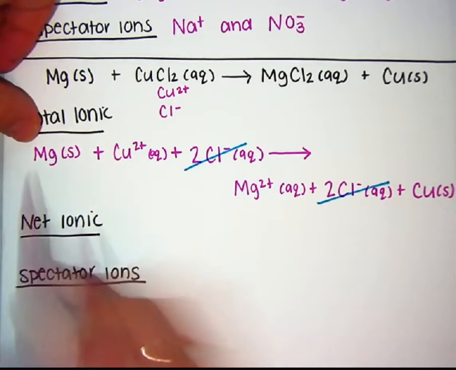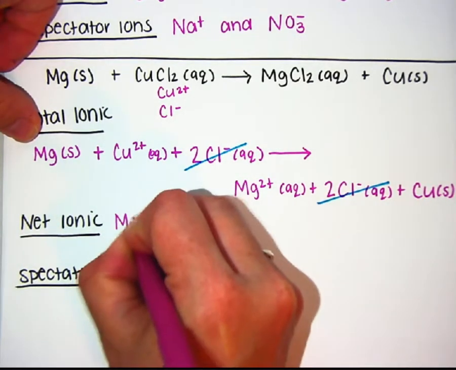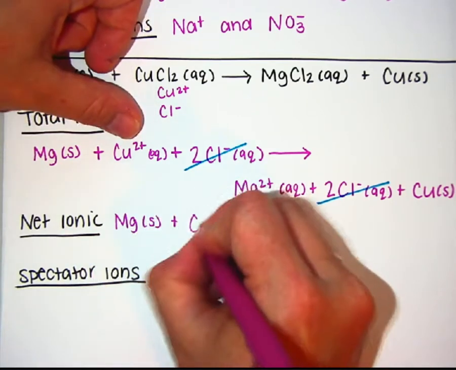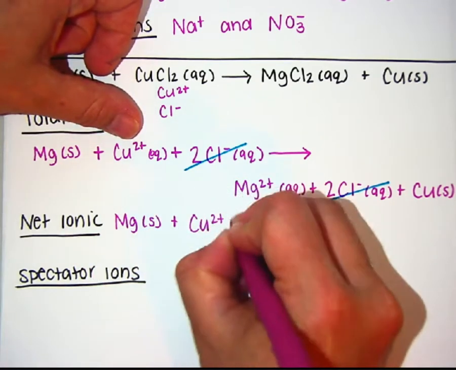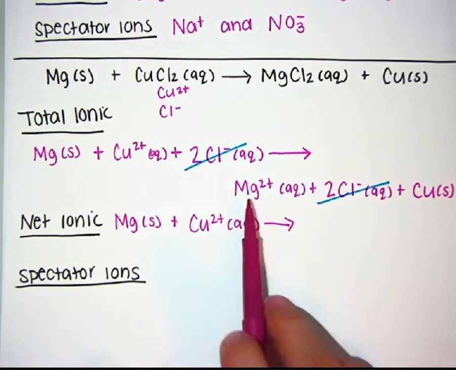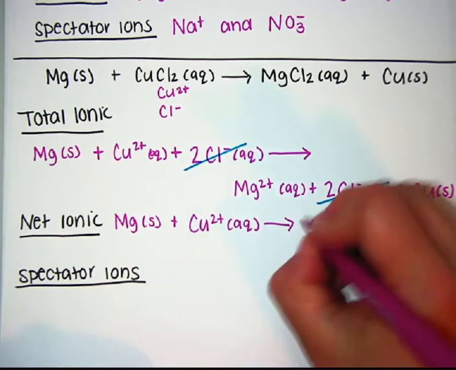So what's left over? Magnesium as a solid plus copper 2+ ions produces, and then write what's left over on the right side of the arrow.